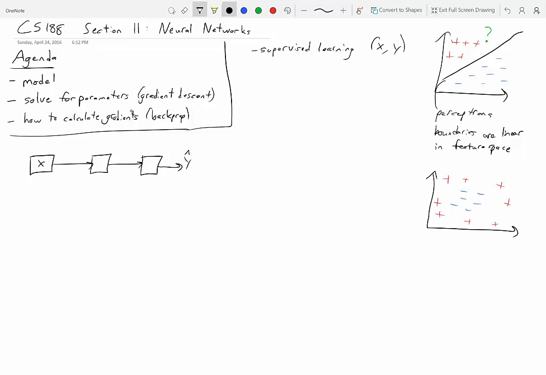A good separator that's not linear that would work would be a circle. But perceptrons can't do this. So this is motivation for nonlinear boundaries. And this is where neural networks come in.